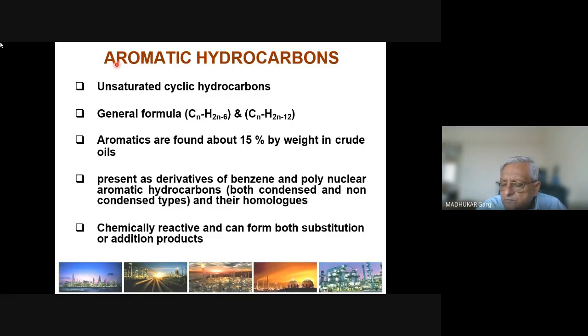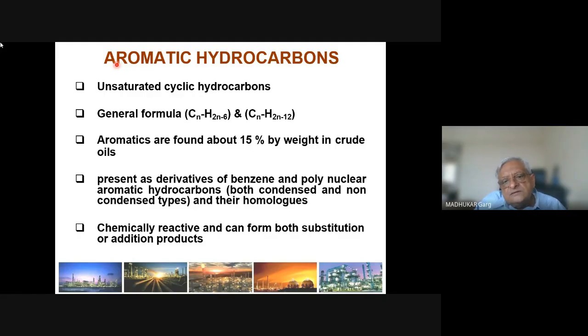Most of the crude oils that we produce in India, whether Bombay High or Assam, are rich in aromatics. These aromatics are present in the entire range, whether gasoline range, jet fuel range or diesel range.